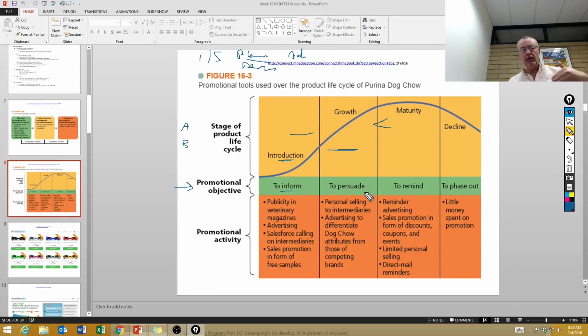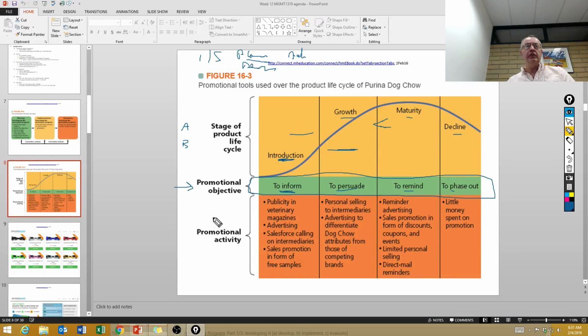So we need to understand, where is our product in the product life cycle? Is it at the introductory stage? If so, our objective is to inform the audience of our product class. Is the industry at the growth stage? If so, then we're trying to persuade people to buy our product versus that of competitors. At the mature stage, we're just reminding. At the decline stage, we're kind of phasing out.